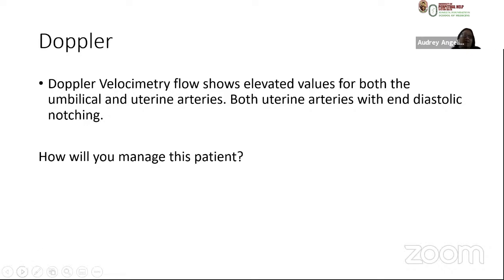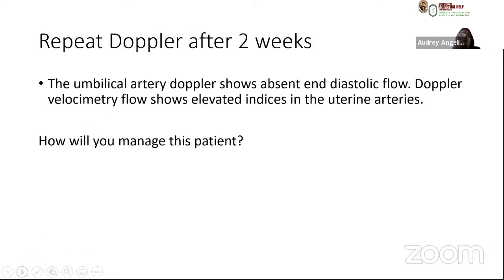Okay, after 2 weeks, your surveillance showed this Doppler result. It shows absent end diastolic flow, elevated indices in the uterine arteries. How will you manage this patient?